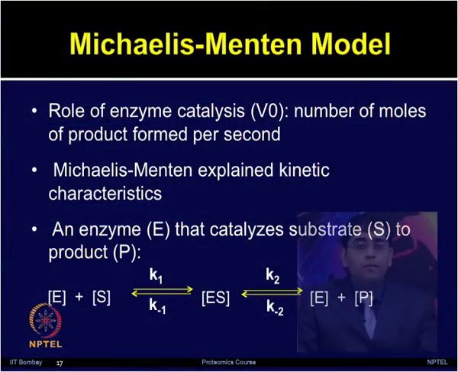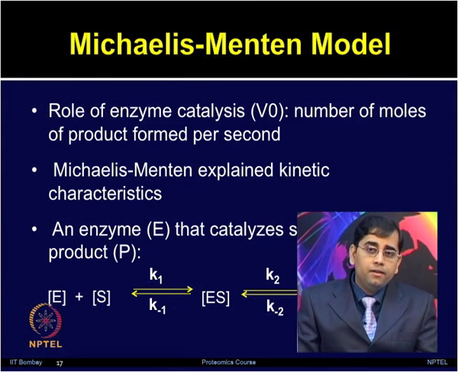Let us talk about enzyme kinetics. In 1913, scientists Michaelis and Menten derived a model to explain the concept of the enzyme-substrate complex, which is fundamental to understanding enzyme reactions. The Michaelis-Menten model explained kinetic characteristics.